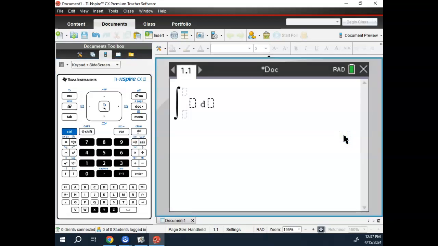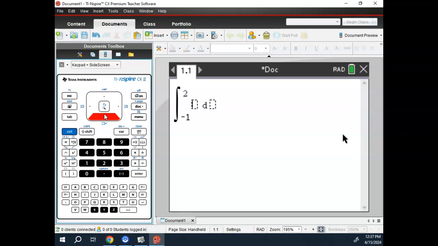And then integrate from negative 1 to 2. And again, I could have put it in my graph if I wanted to, but I can just type this in like this. And this gives me negative x squared plus x plus 2, quantity squared, dx.